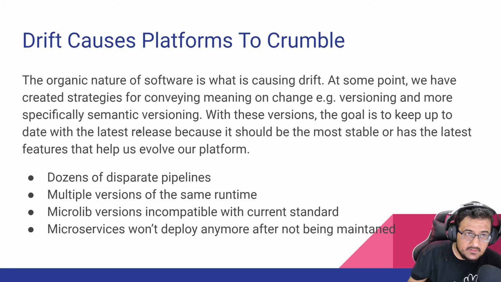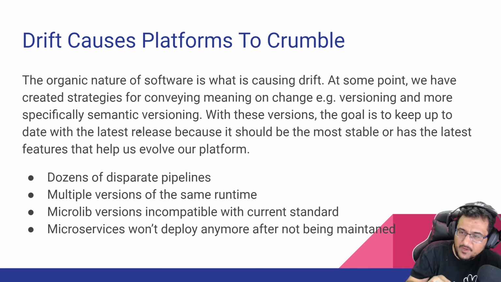So in this case, this kind of drift makes dozens of disparate pipelines. As I said, you will have pipelines for each type of your services, but if you're not using the latest of the pipeline, you won't be able to deploy that service in particular, right? You will have multiple versions of the same runtime. I have seen that a lot in microservice architectures. You will have some services running on Java 8, some running Java 11, but none of them can be updated easily.